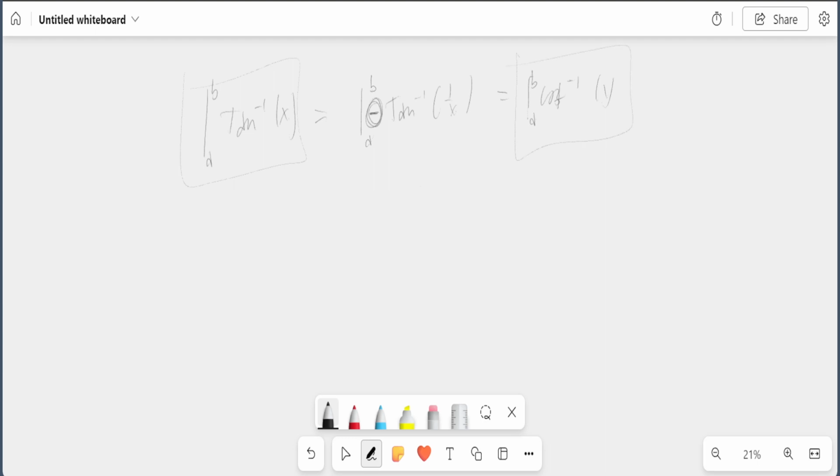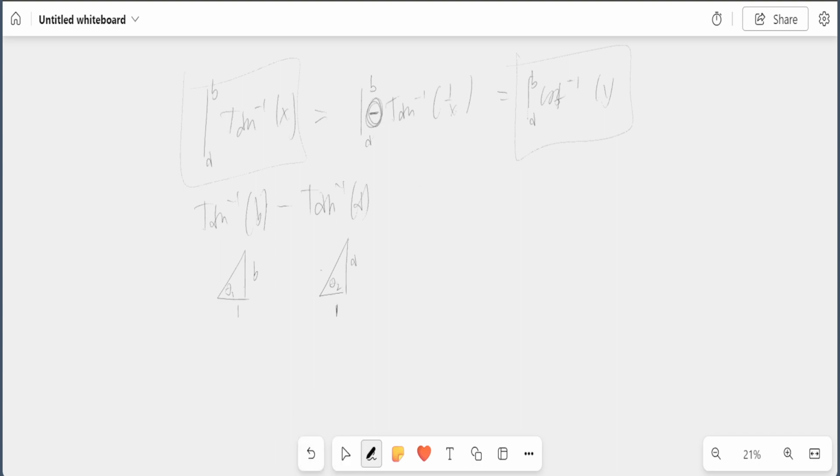So tangent inverse b minus tangent inverse a. Okay, so theta 1, B1, theta 2, A2, or A1.